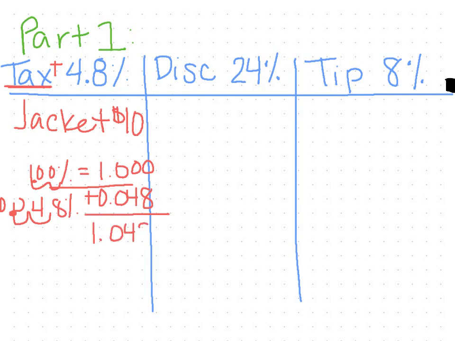So when we get our answer, 1.048, that is going to be the decimal that describes how much we're going to pay. So we can take our jacket, which is $10, multiply it by 1.048, and that would give us the total price of our jacket with tax.